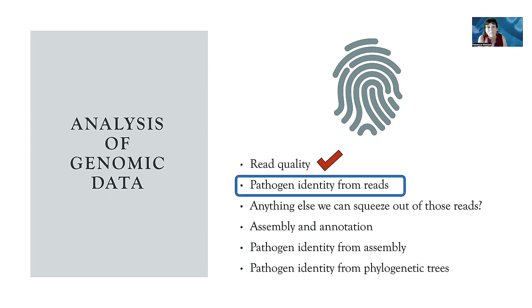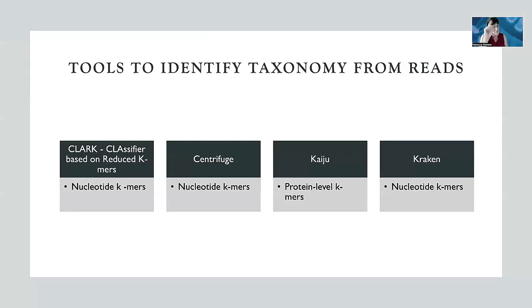Well, you and I both know we know who it is because of lab tests, but let's pretend that we haven't done any of those lab tests yet, and we're just going to determine this from genomic sequencing. Are there ways to do that? And I tell you that, yes, there are. There are bioinformatics pipelines that can help you with that.